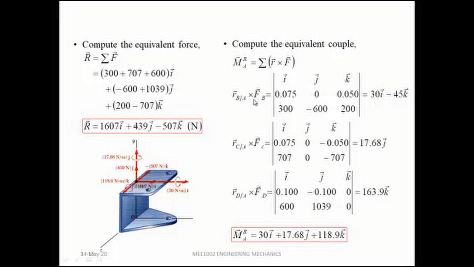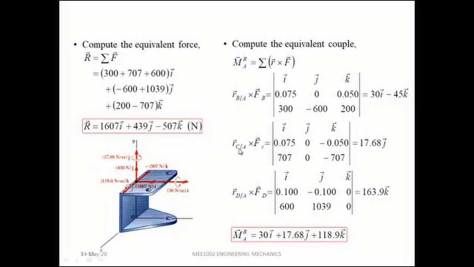So first the force of B about A. So the position vector cross F vector, determinant ijk, these are the coordinates of B from A, and then these are the components of force FB. So Fx, Fy, and Fz, we get this vector.